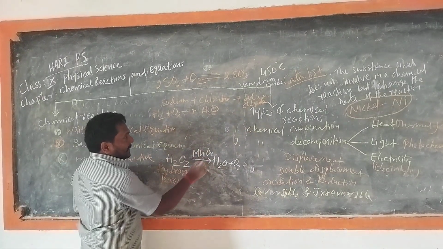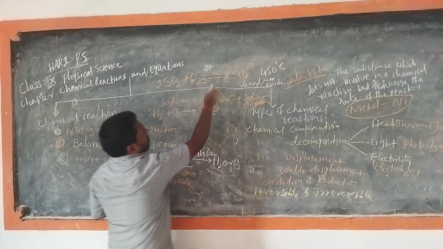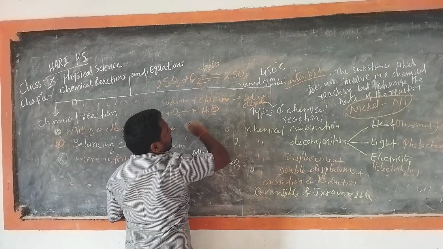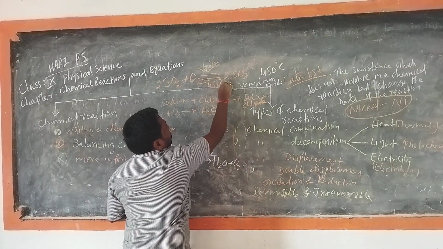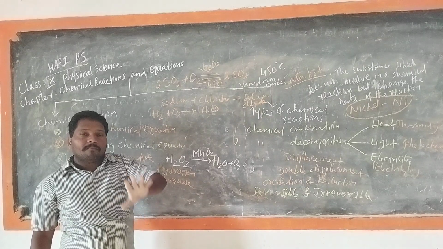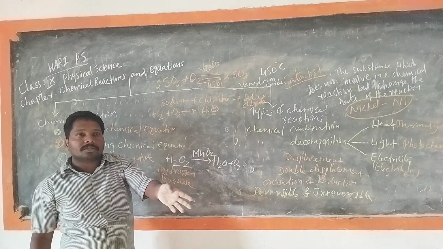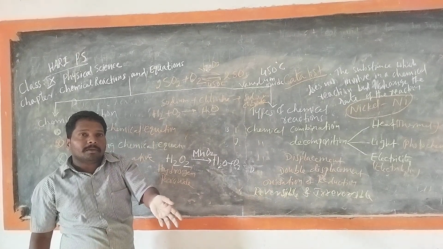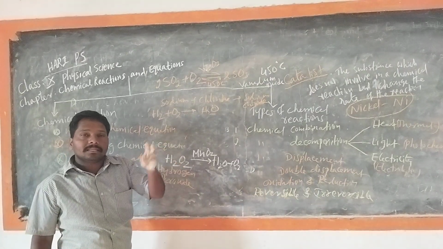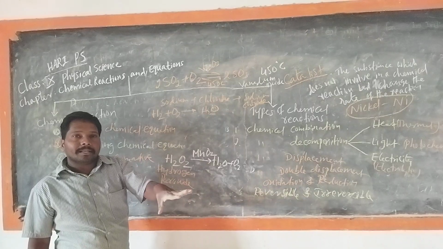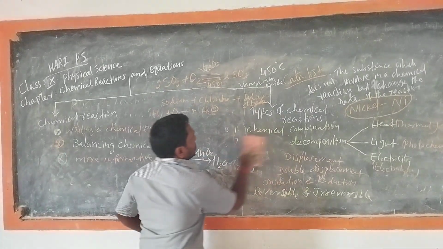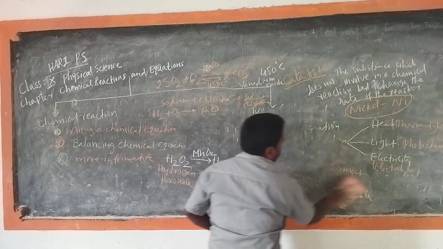Then the conditions: here in the earlier reaction we have to write V2O5, vanadium oxide, and 450 degrees Celsius. In any chemical equation, if the reaction takes place under particular conditions like heat, pressure, temperature, catalyst, we should write them on the arrow mark.